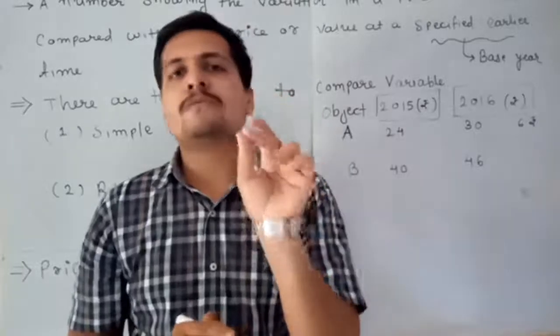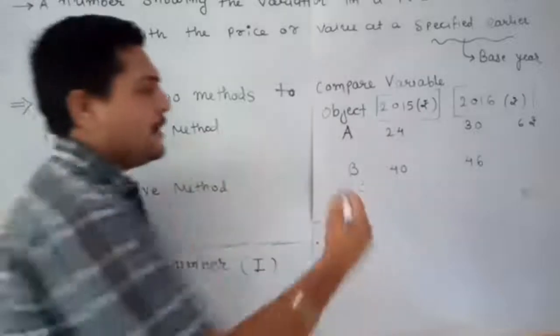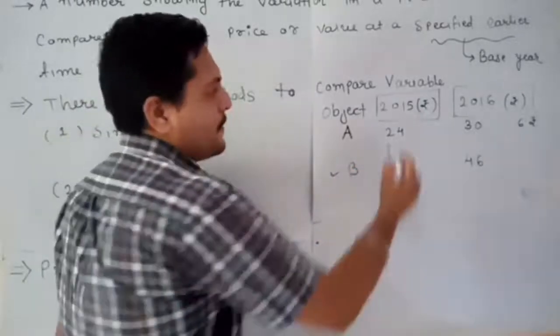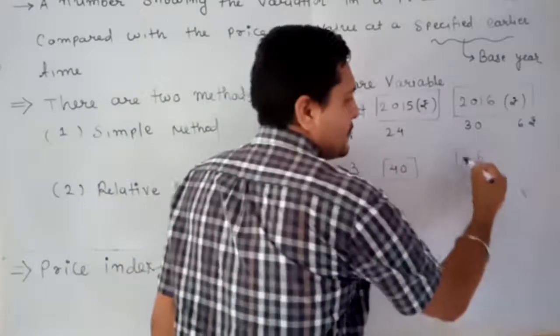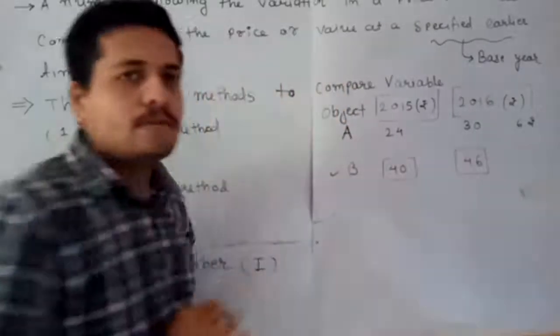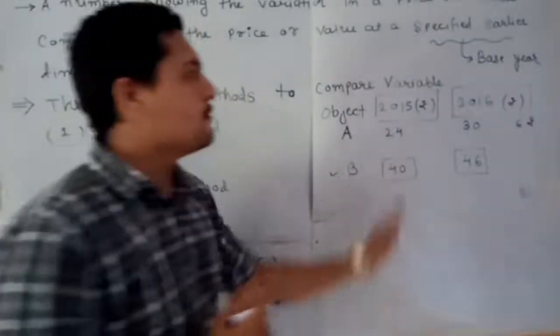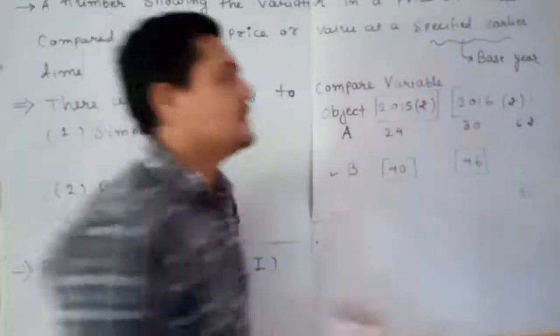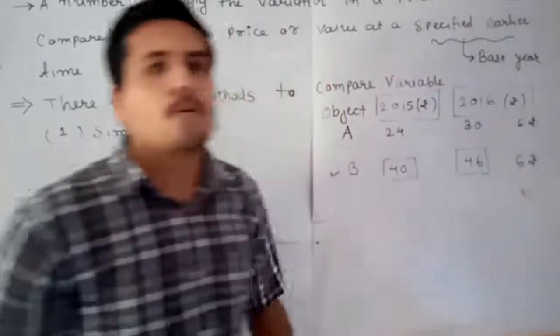We have to find these two quantities in detail. Now if any object B has a price in 2015 of 40 rupees and in 2016 a price of 46 rupees, the variation in price compared to 2015 is also the same, 6 rupees.